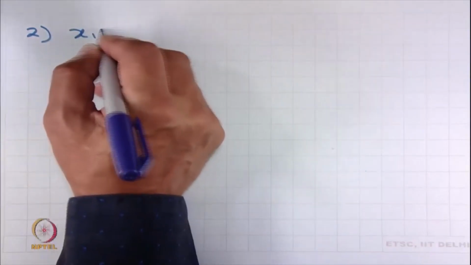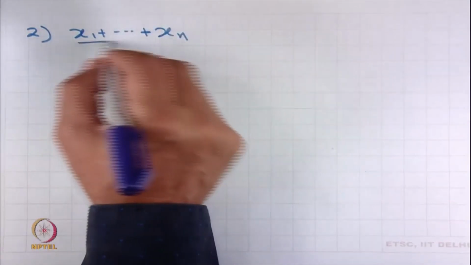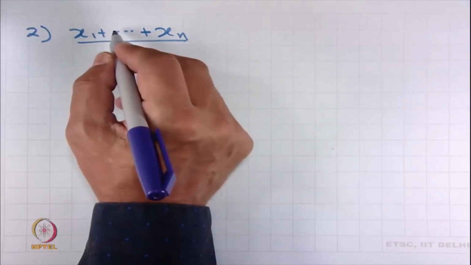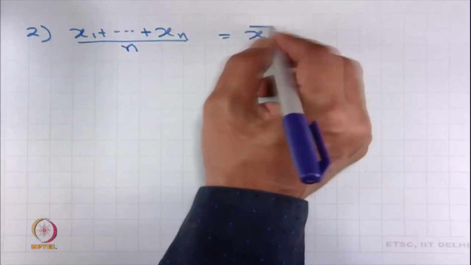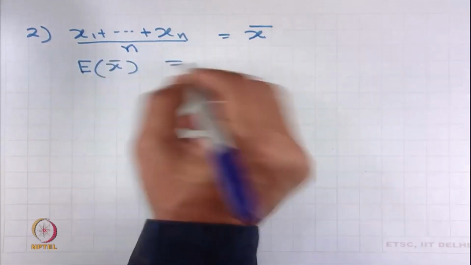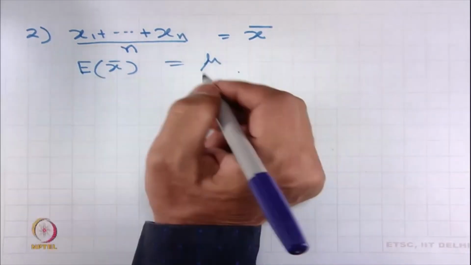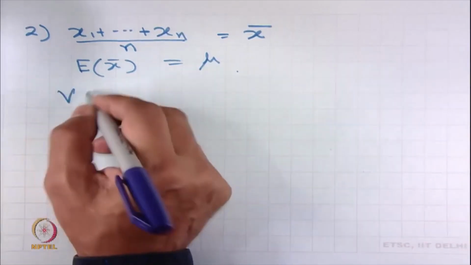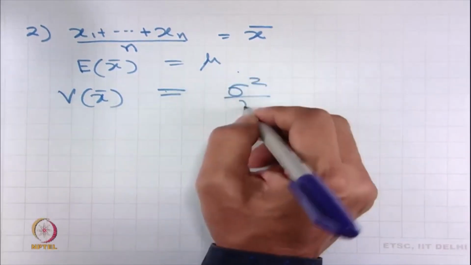The second example was x 1 plus x 2 plus up to x n by n, which is equal to x bar. Expected value of x bar is equal to mu. Therefore, the first condition is automatically satisfied. Variance of x bar we know is equal to sigma square by n.